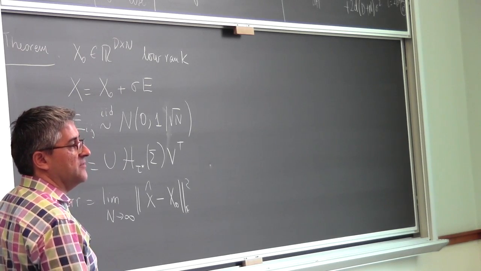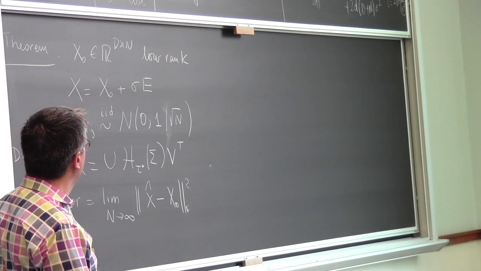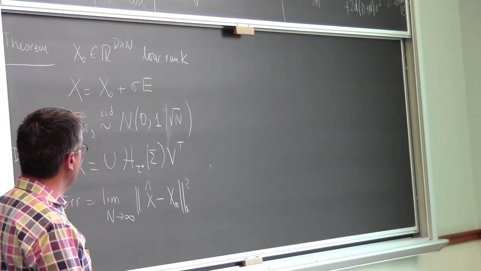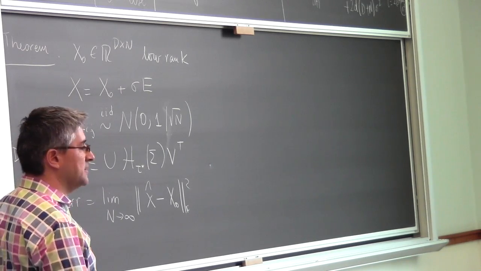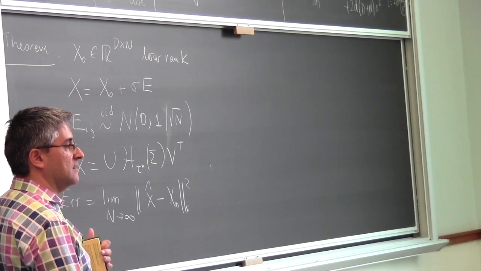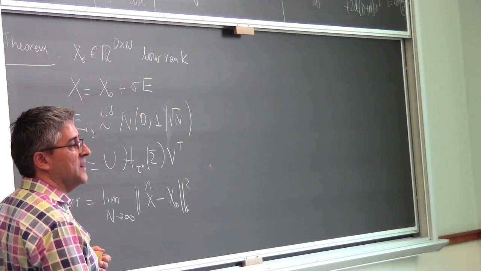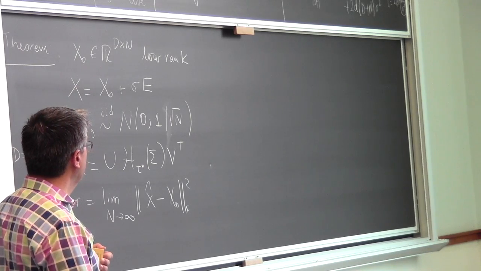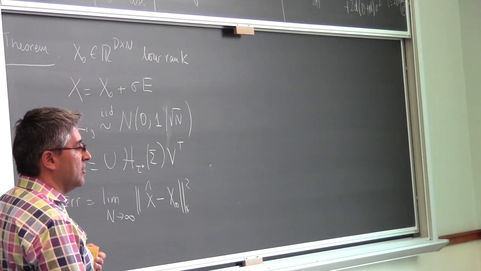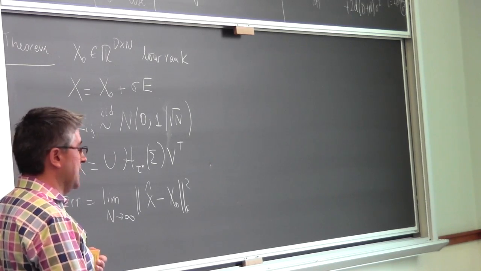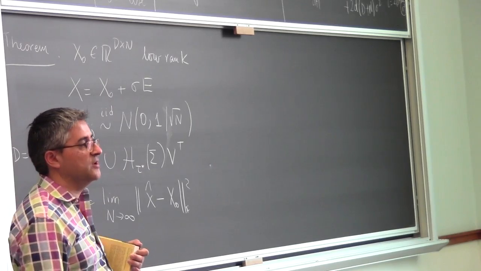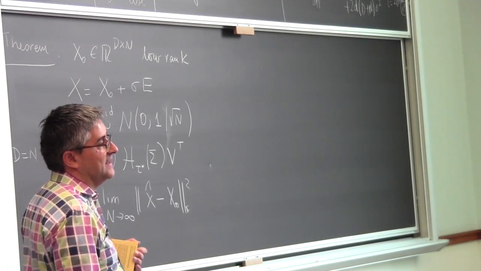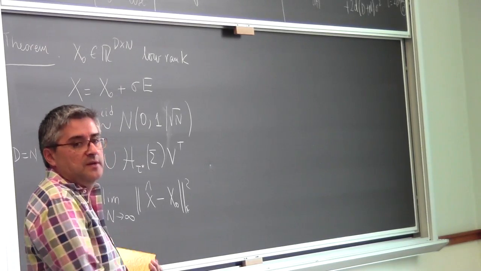In this particular case, I'm fixing tau for the time being, and I'm going to find the optimal tau by measuring the following error, which is how close the optimal solution is to the true one, as the dimension of the matrix goes to infinity. Obviously that error is going to change with different choices of tau. Obviously this result is purely theoretical, in the sense that in reality I don't know the true x naught, so I'm computing the error with respect to the true one, but that's not known.